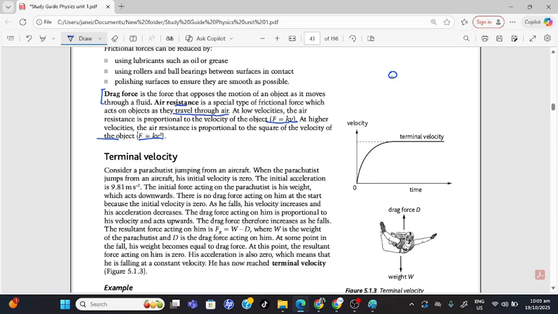So this is going to be my raindrop. When the raindrop leaves the cloud, it has the mass of the raindrop times acceleration due to gravity, which we can call its weight. What's going to happen now is that when it's moving downward, it's going to experience an upward force called upthrust.